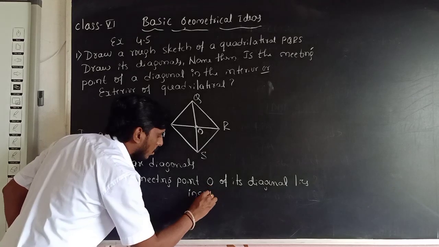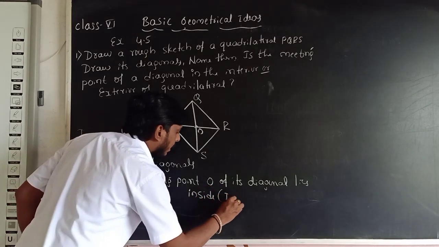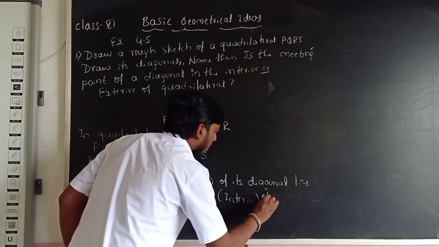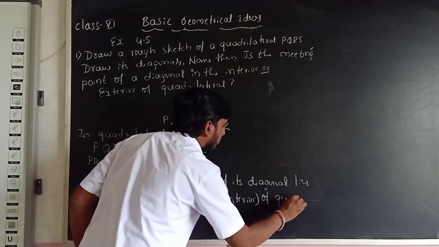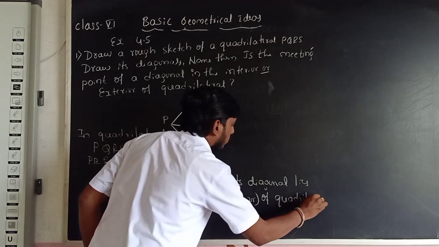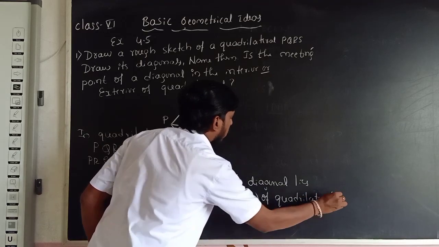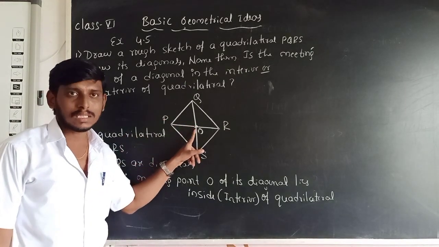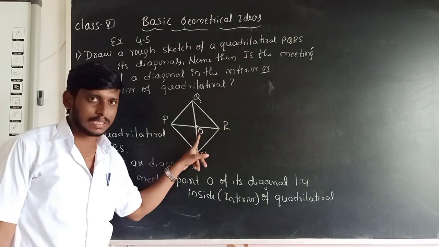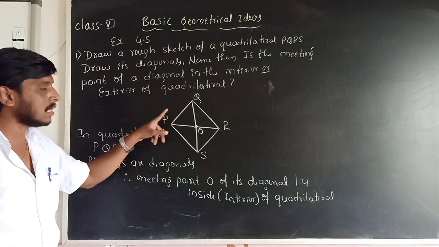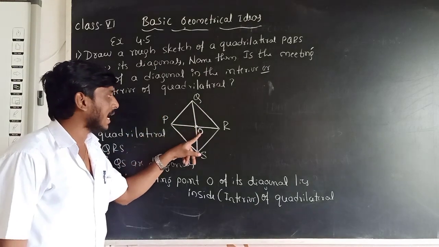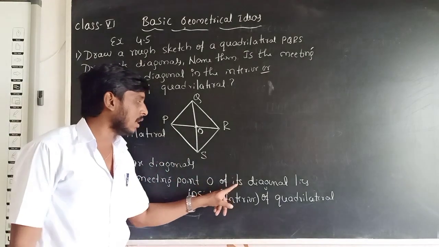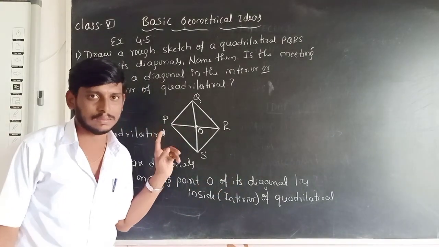Inside means the interior of the quadrilateral. So what is the question? Whether O lies in the interior or exterior. With the help of this diagram, we came to know that O lies inside the quadrilateral. Therefore, O is the interior of the quadrilateral.